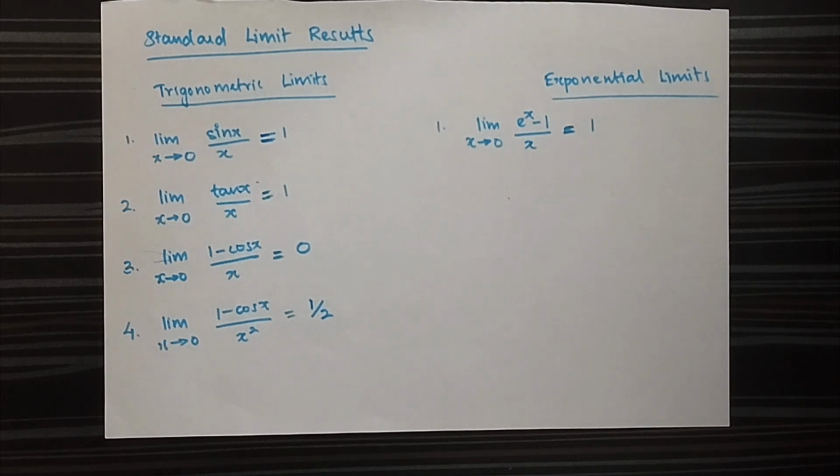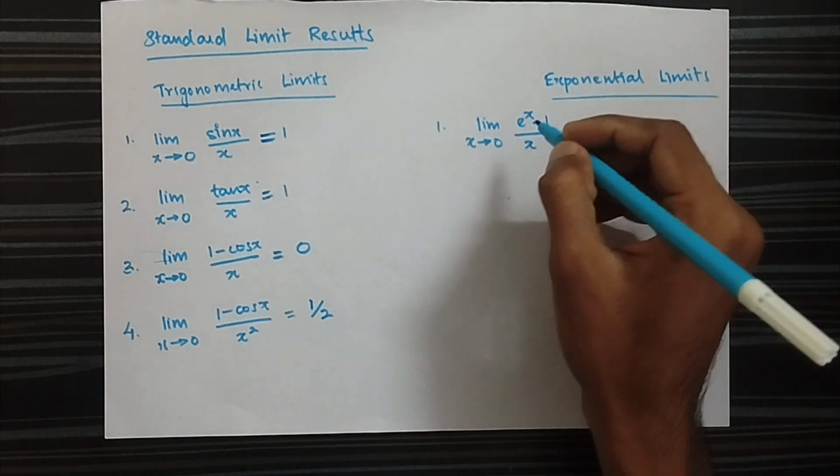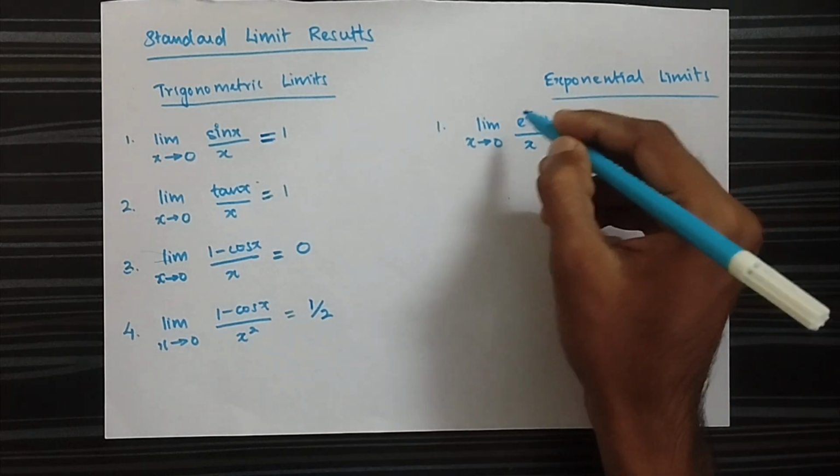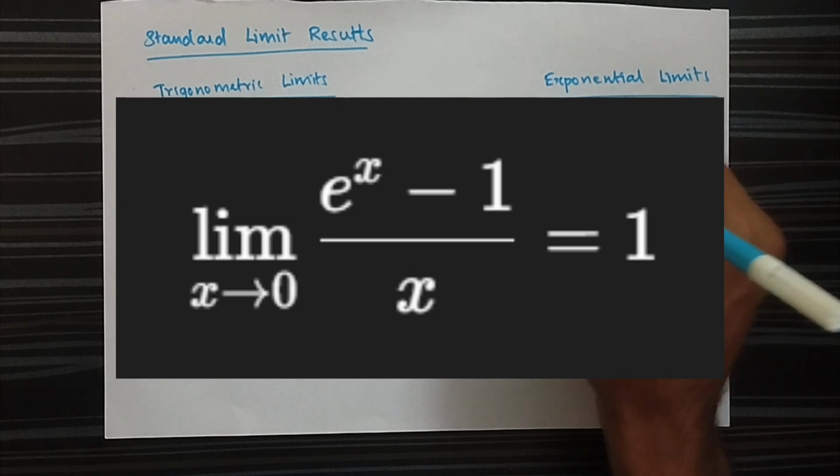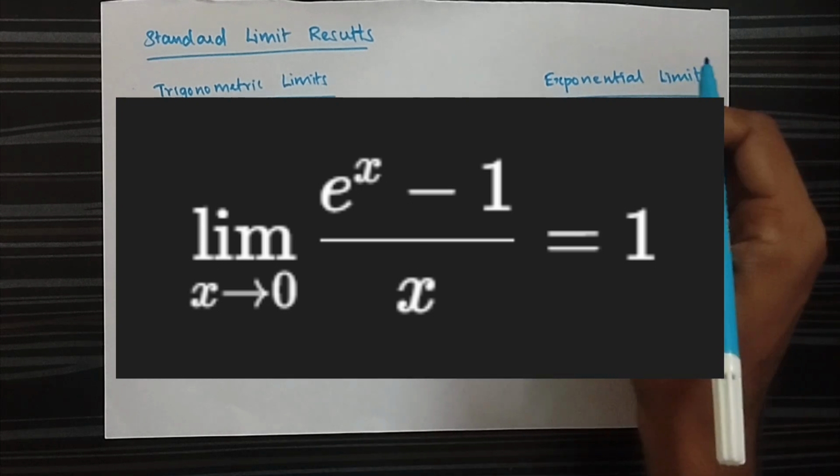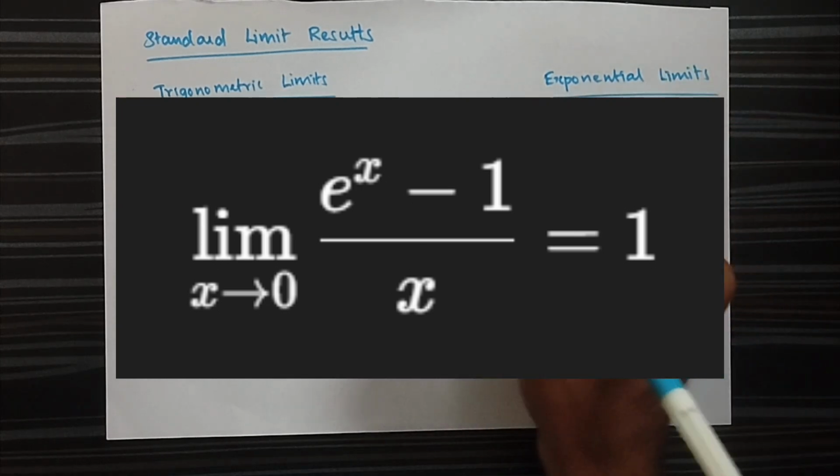It's a constant used as the base of natural logarithms, which you probably haven't learned. But for now, understand that for the function e raised to x minus 1 divided by x, when x tends to 0 we get the value 1.